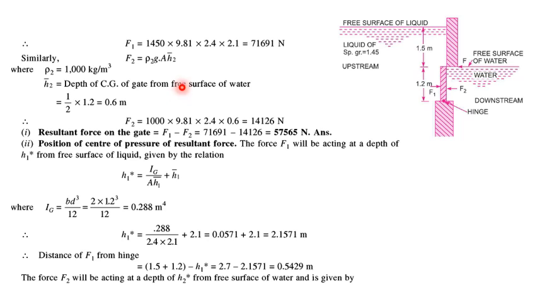I believe you can calculate the force F1 and F2 very easily. The density of this liquid is given, specific gravity 1.45, so density will be 1450 into 9.81 into area of this gate, which is 2.4, into the distance to the center of gravity, which is 1.5 plus 0.6, so 2.1.